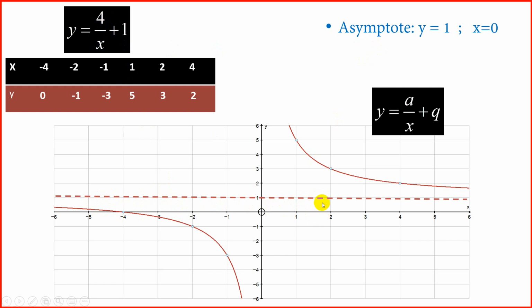It's now moved up 1 unit. And x equal to 0, that's your y-axis, that's your other asymptote. So the value of q, in this case plus 1, means that the graph has shifted up 1 unit. If this was negative 1, it means the graph will move down 1 unit.